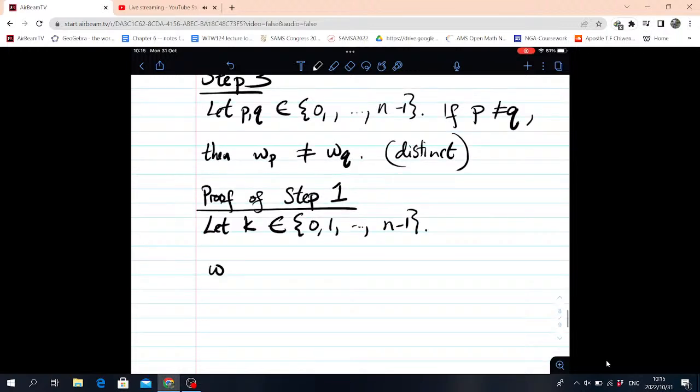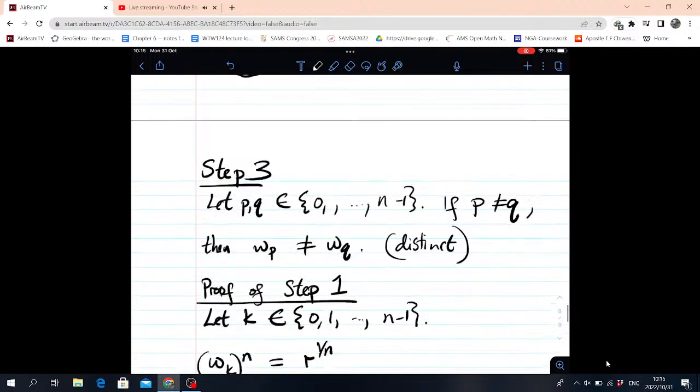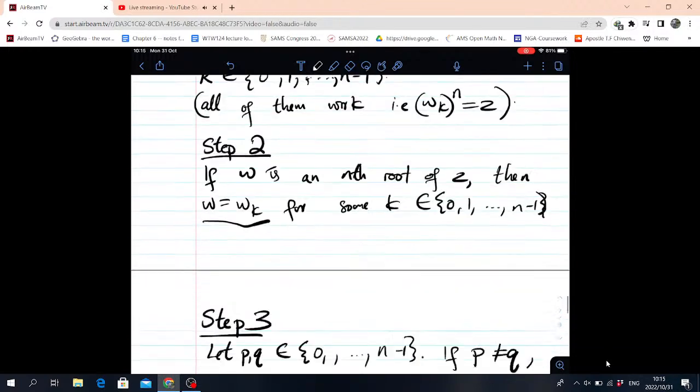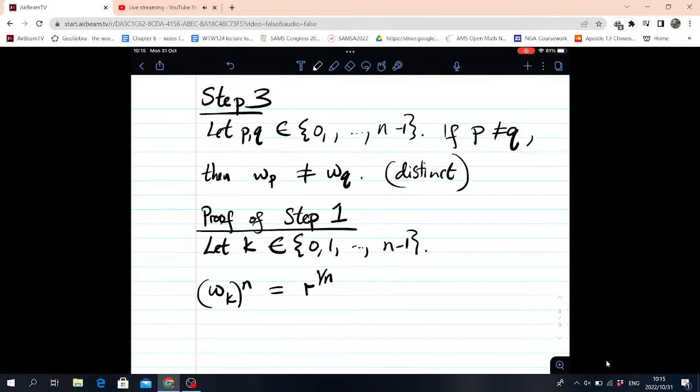Then w_k to the power n is going to be equal to r^(1/n). So remember the formula that we have, the nth root, so you can rewrite that as r^(1/n) and then we've got e^(i(theta plus 2 pi k over n)) as our argument there, and then we are saying all of that to the power n.